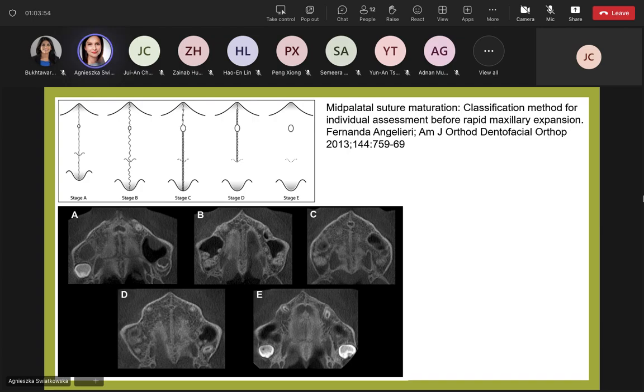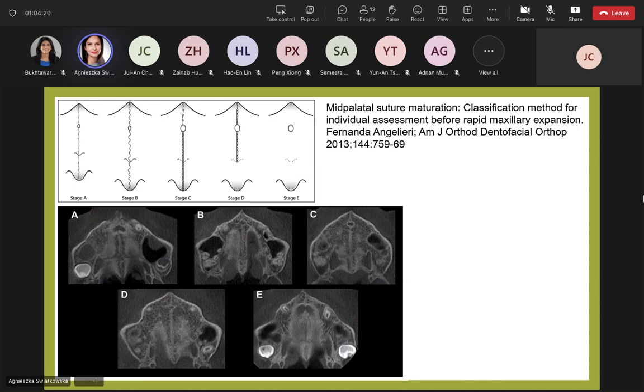Especially if we have a person over 14 years old, we should think about this to check the maturation of the suture. So in these two stages, we shouldn't think about expansion only with orthodontic appliances.